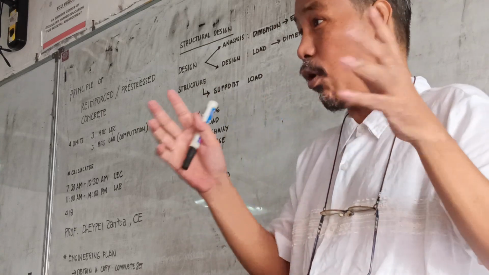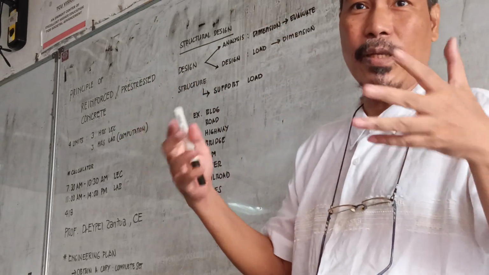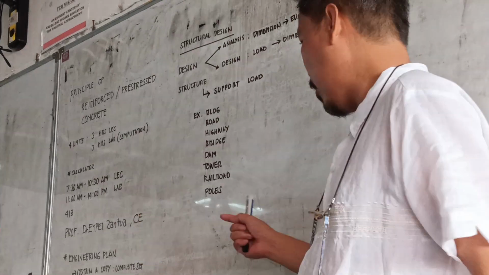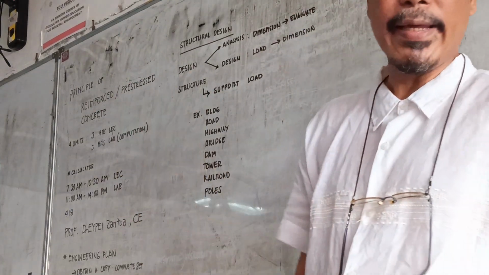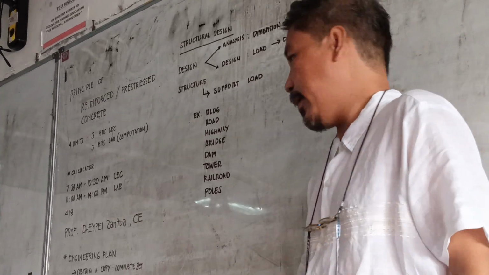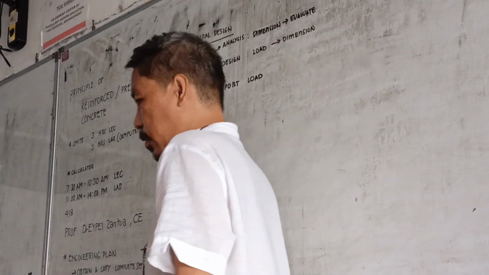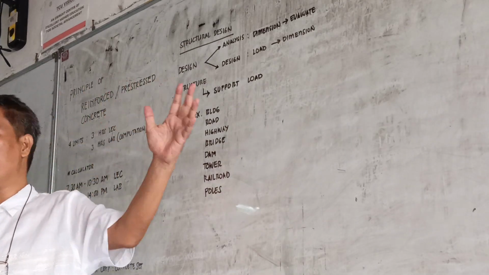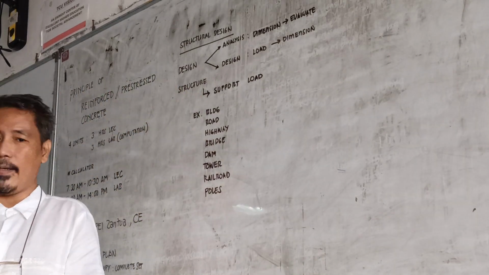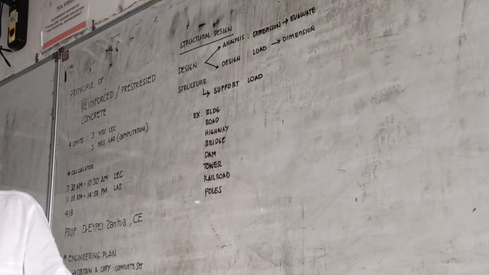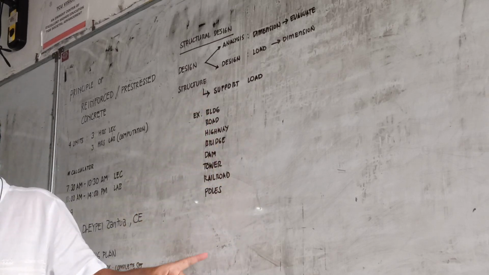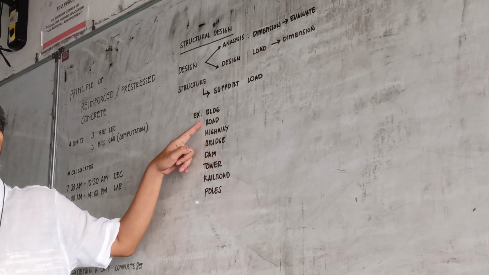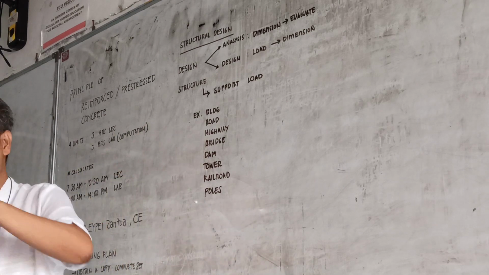There are so many working staff, engineers and technicians, in a power plant. So we have buildings. What I'm saying is a power plant is a very big aggregate of different structures. We have roads inside the power plant, sometimes even a highway if the power plant is so big.